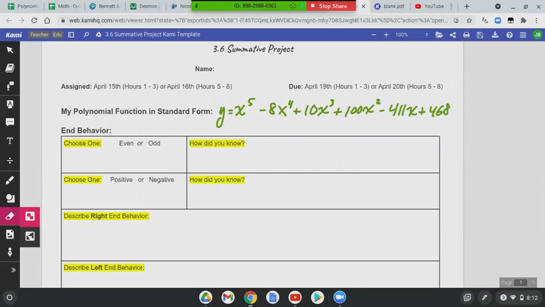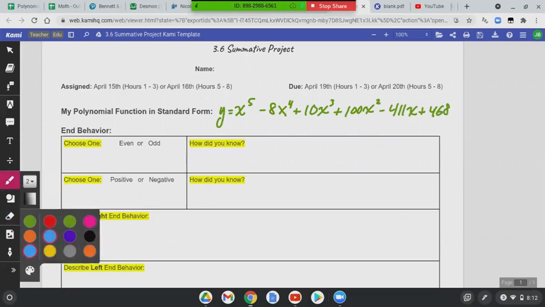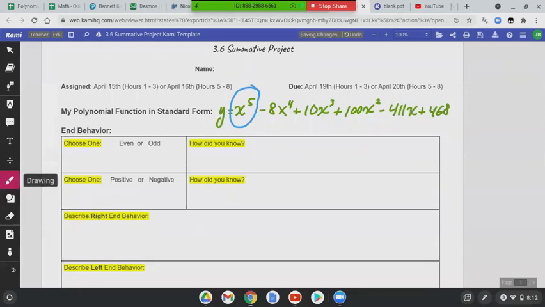So what we're looking at is our leading term. And by looking at the exponent or the degree, that's how we can determine if it is even or odd. So here we have x to the fifth. That exponent is odd. So how did I know that?